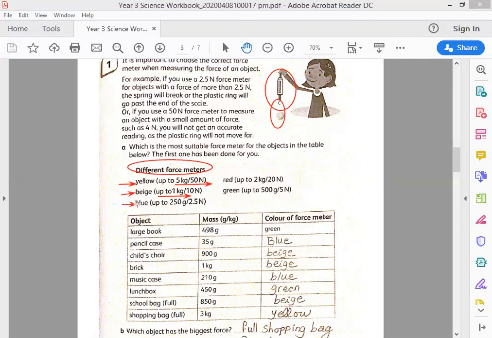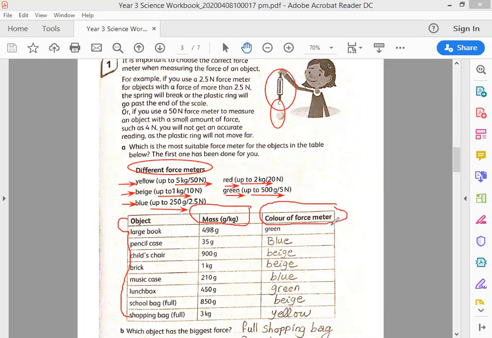The blue force meter is going to hold up an object up to 250 grams, while the red one is going to hold an object up to 2 kilograms, while the green force meter is going to hold an object up to 500 grams. In the following box, he placed some objects and placed their mass in kilograms and grams and told you to sort the force meters according to their color.